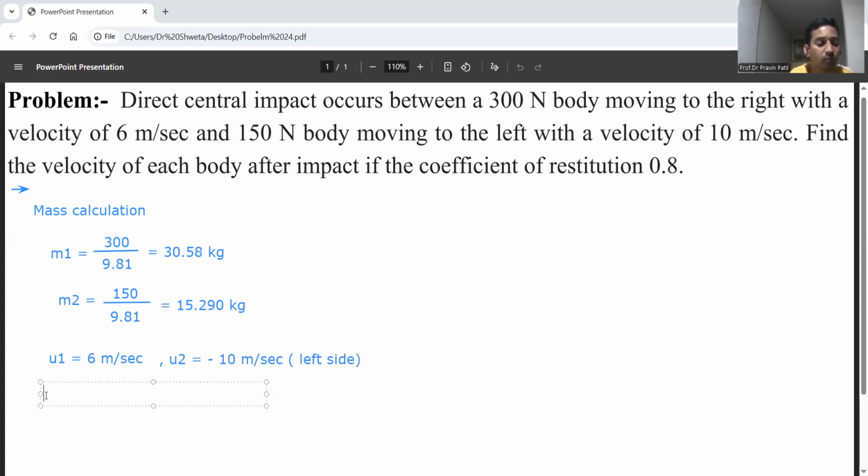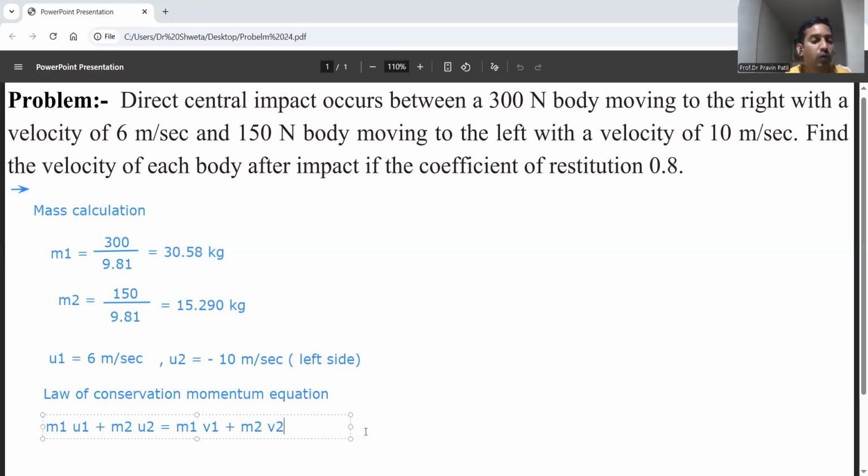Okay. So now write down the law of conservation of momentum equation. It is m1 u1 plus m2 u2 is equal to m1 v1 plus m2 v2.